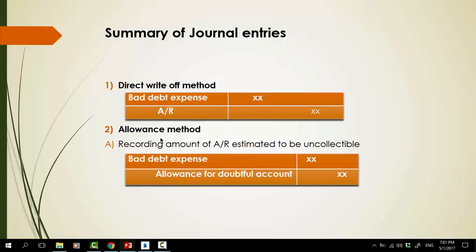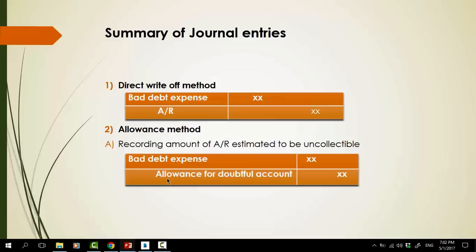Under the allowance method, it's a different method, okay? No company uses the two methods at the same time. Under the allowance method, if we want to record the estimation, then we will record bad debt expense and allowance for doubtful account. I remind you that the estimation is made at the end of the year, not at the beginning of the year.